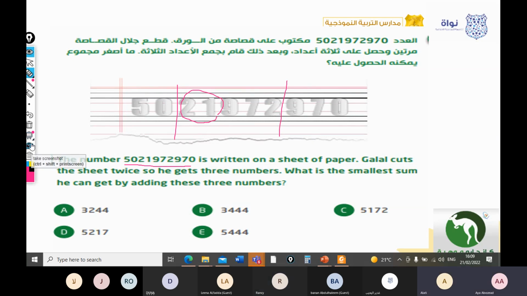No. So who wants to try with me? Another trial? Because of course 21,000 is not the smallest number. We must get the smallest 1,000 we can get. So Ransi, you can try with me. You will cut between which 2 numbers? The question is, between which 2 numbers you cut?